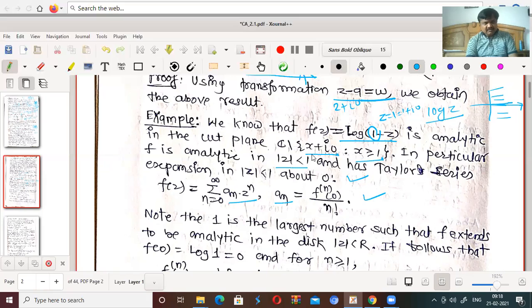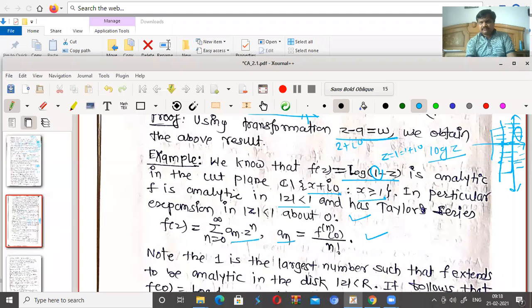What about here? The set of all those numbers of the form x plus i0, where x is greater than or equal to 1. Suppose this is 1. In this way, these are x greater than or equal to 1. So we will drop this from our C, and then log of 1 minus z is defined.